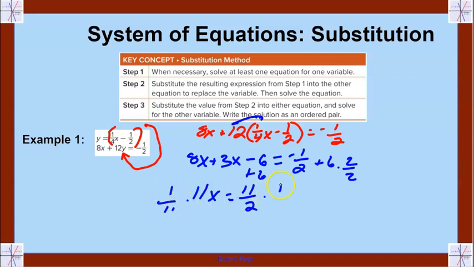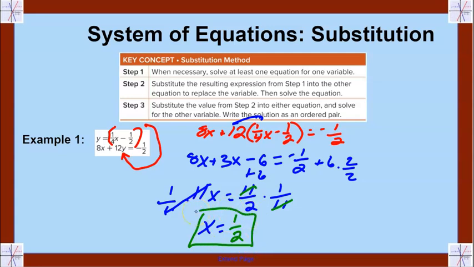And I'm putting this as a fraction because I have a fraction on the other side. So 11x times 1/11, or think of it as 11 divided by 11, equals x, equals, and on this side, I can simplify this part. The 11's divide out, and I'm left with 1/2. So x would be 1/2.